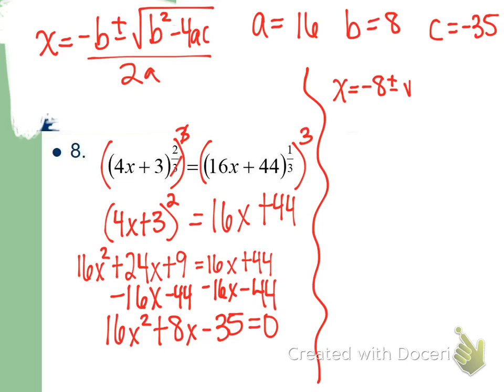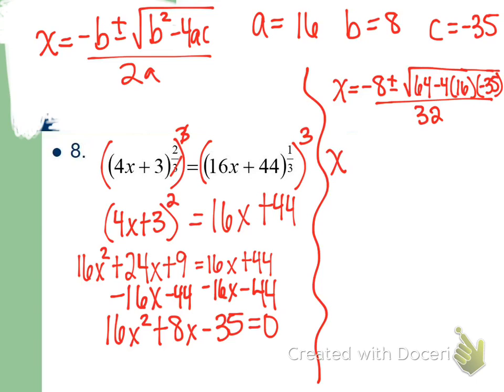Negative 8 plus or minus the square root of, what is b squared? 64 minus 4 times a times c. Just plugging those in. Negative 4, 16, negative 35. All divided by, what is 2 times a? 32.